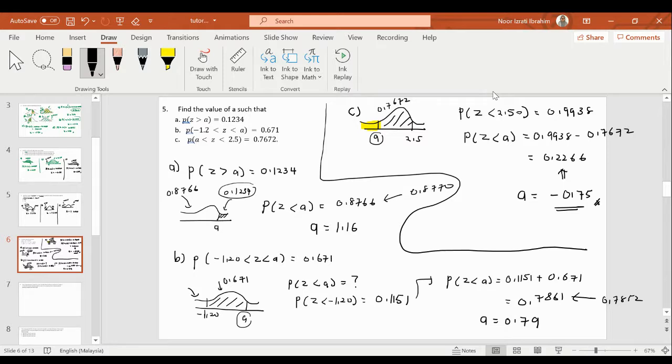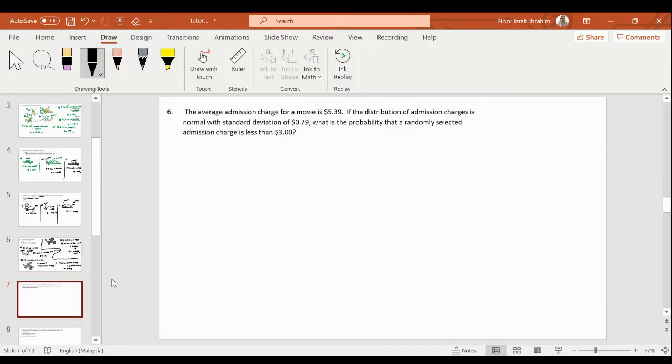That is for question number 5. Question number 6, the average admission charge for a movie is $5.39. Average means the mean is given, mu equals 5.39.